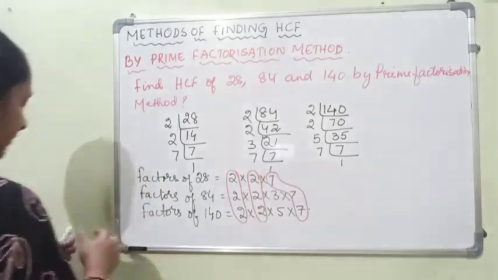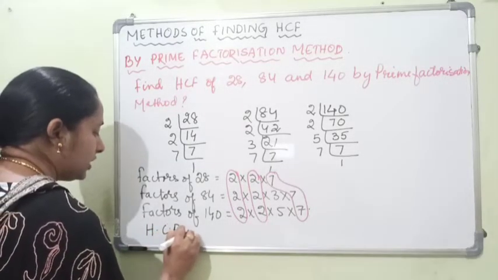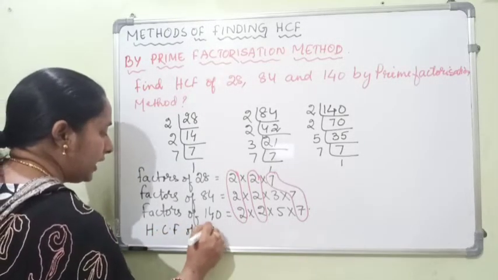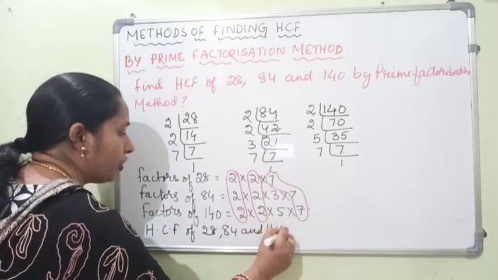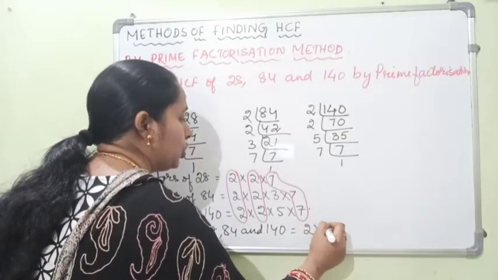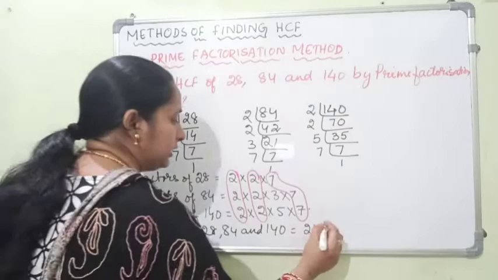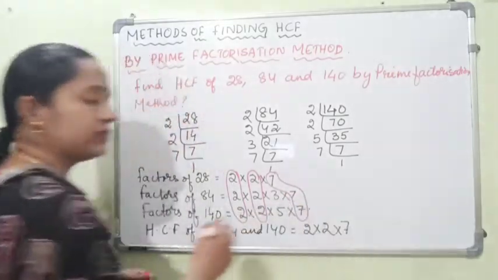Now the HCF, or highest common factor, of 28, 84 and 140 is equal to, write them in the form of a product: 2 is a common factor, then another 2 is a common factor, and 7 we have as a common factor.